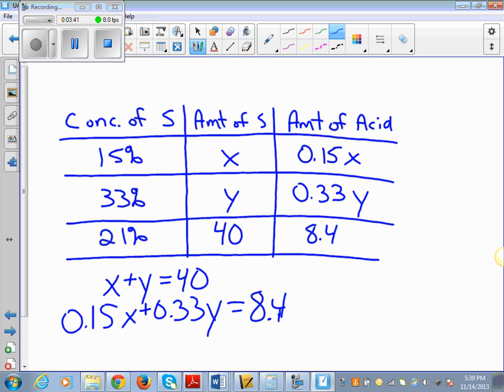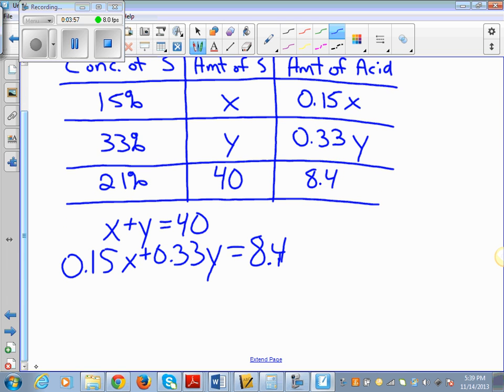So now we have two equations, and we can solve this either with elimination or substitution. There's no real easy way to just multiply one of the equations to set it up for elimination. So I would do a substitution. Over here, I can solve for X by just subtracting Y from both sides of my equation.